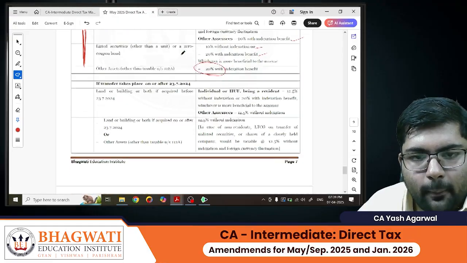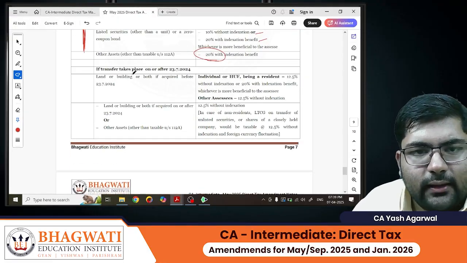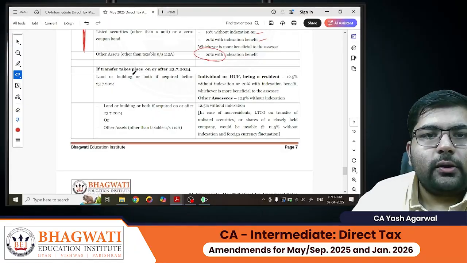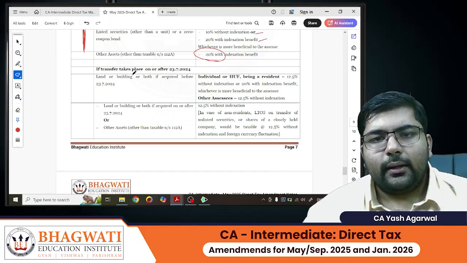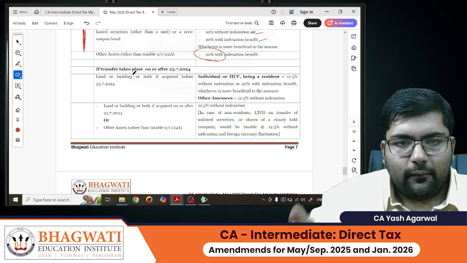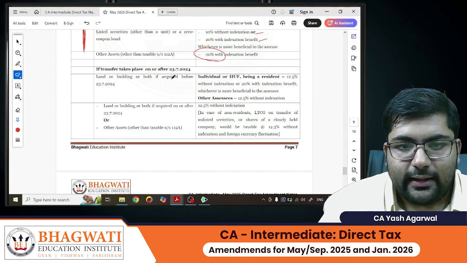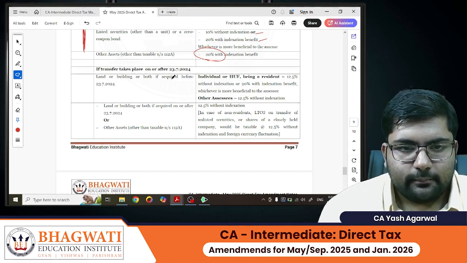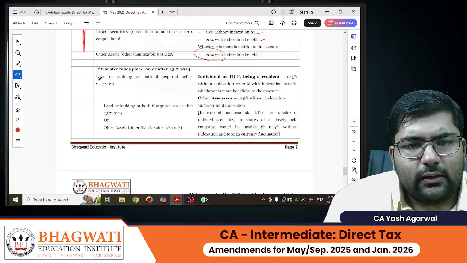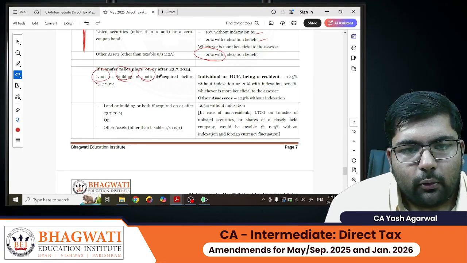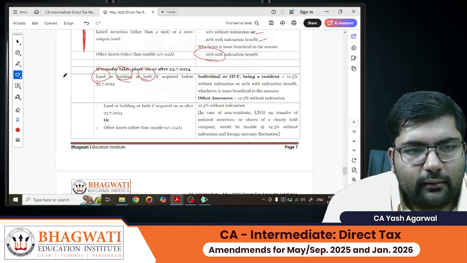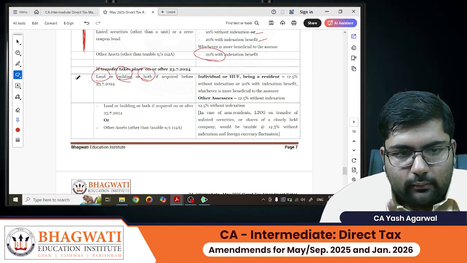But if the transfer takes place on or after 23rd July 2024, then two things. First, point number one, it has to be land or building or both.